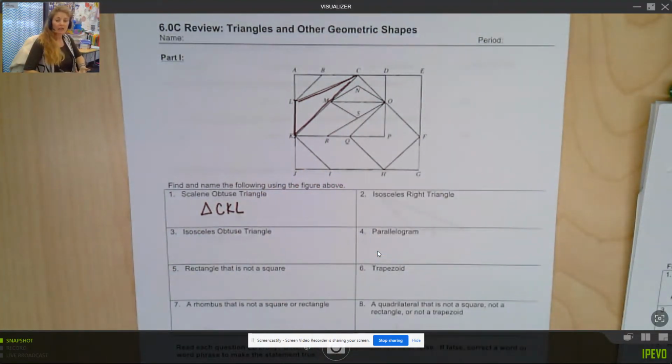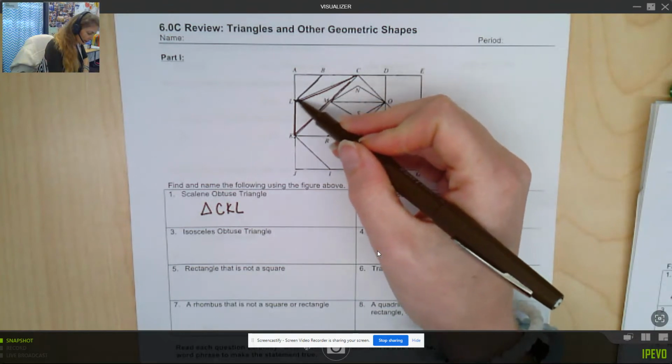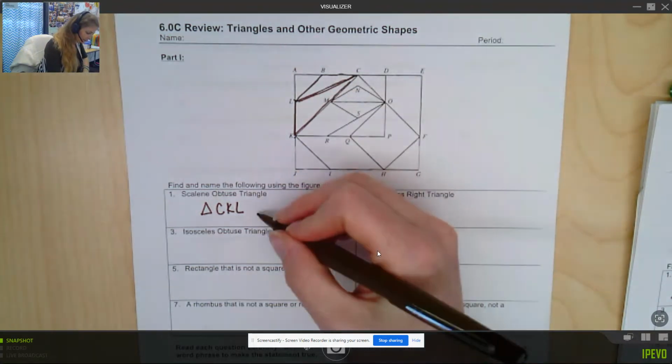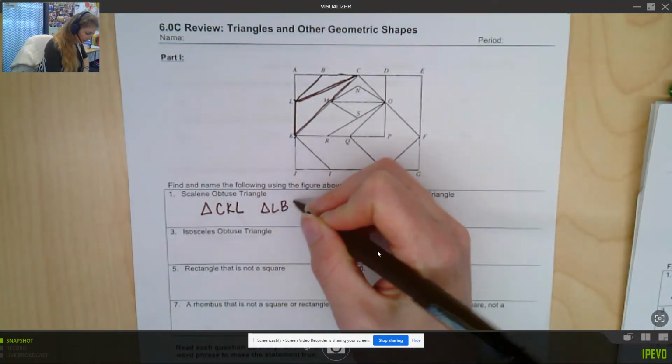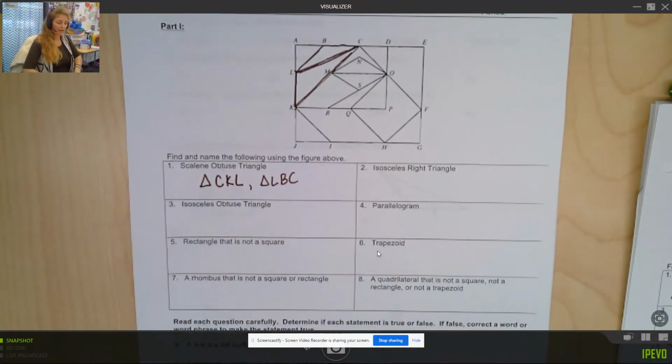So maybe you see another triangle that is a scalene obtuse triangle. If I wanted to look at another one, maybe you're looking at triangle LBC. Again, you only have to find one shape that matches the description, but yours might not match mine exactly, so just be sure to communicate with your group.